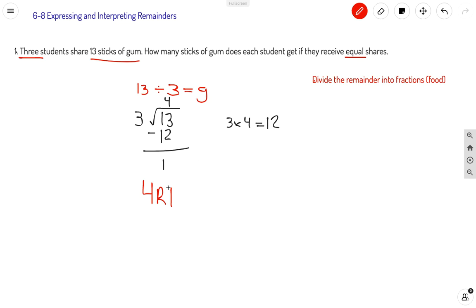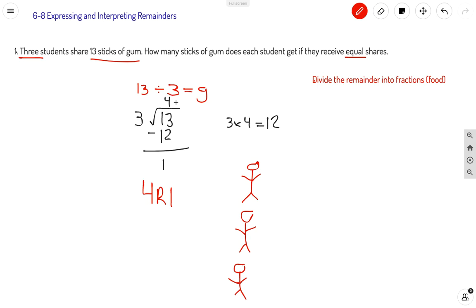So if we look at this, we have 4 remainder of 1. Now I want to draw a picture so I can portray it a little better in my mind. So right now I have 3 people. And I just found by doing the math that each person gets at least 4 sticks of gum, because 13 divided by 3 is 4, remainder 1.